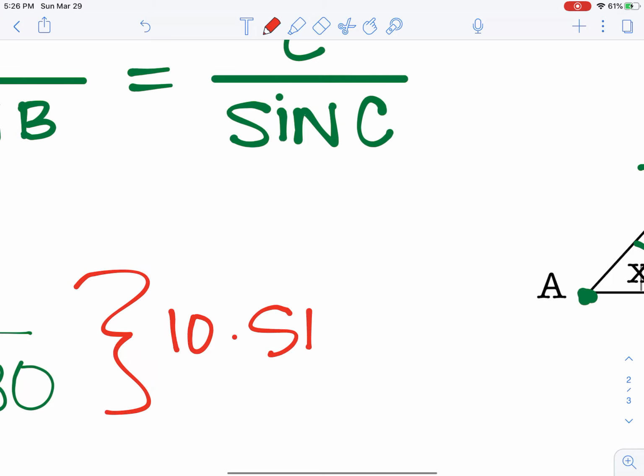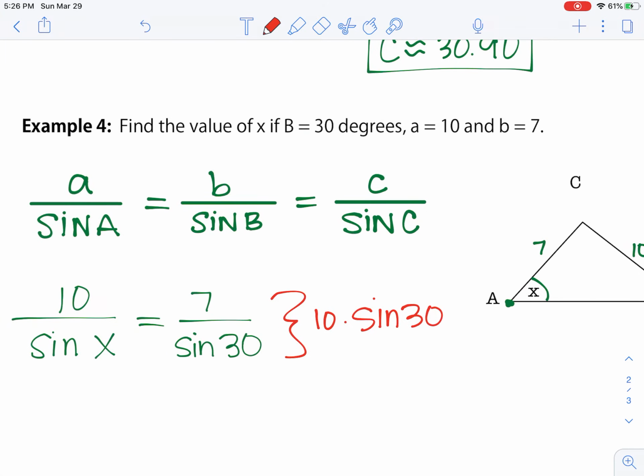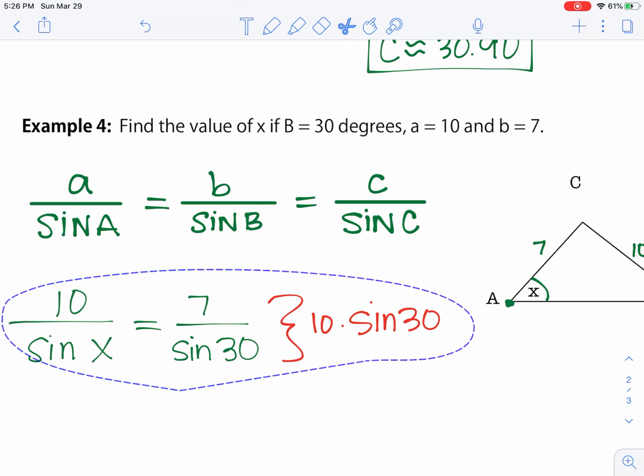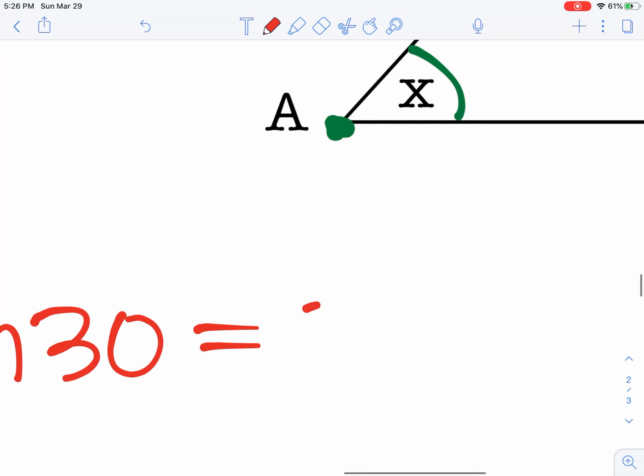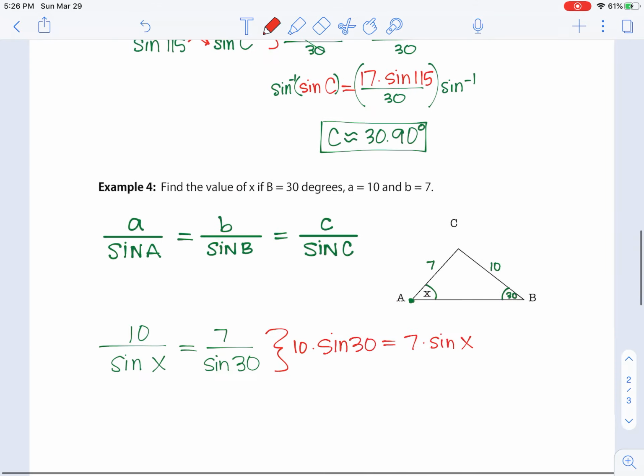After we cross multiply, we should get 10 times the sine of 30 equals 7 times the sine of x.